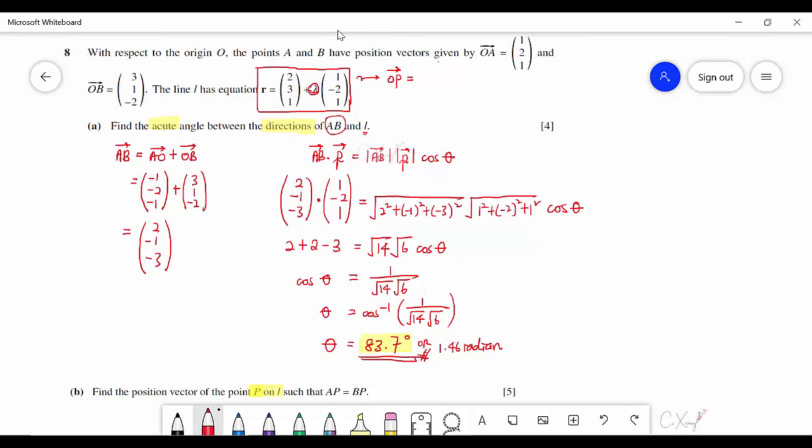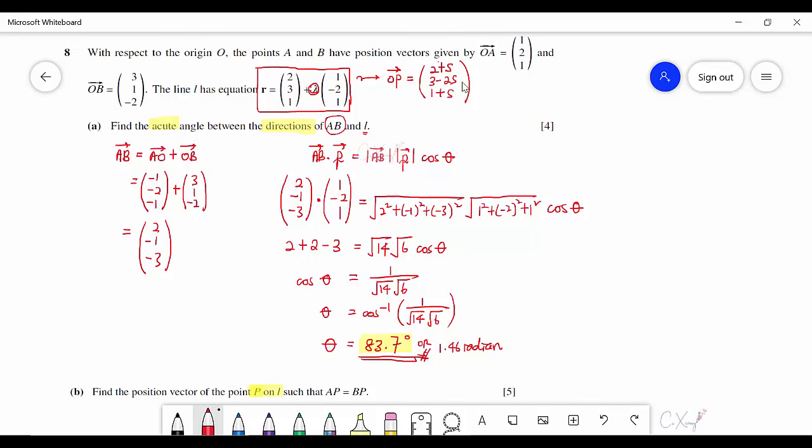Then we want to find this variable so that we know the location of P on the line L. So OP can be written as 2 plus S, then 3 minus 2S, and then 1 plus S. Instead of lambda, if you want to use lambda also no problem, but I will put it as another letter here so that you know that S is a particular value for P that lies on the line, and we want to find the S here.